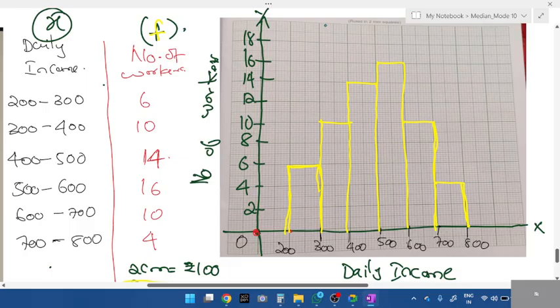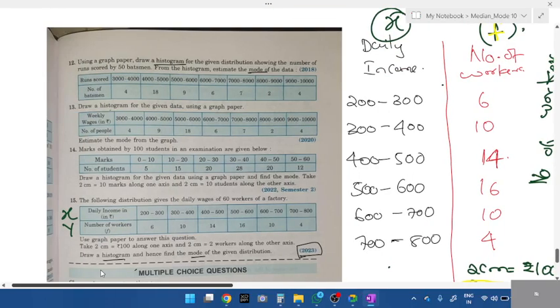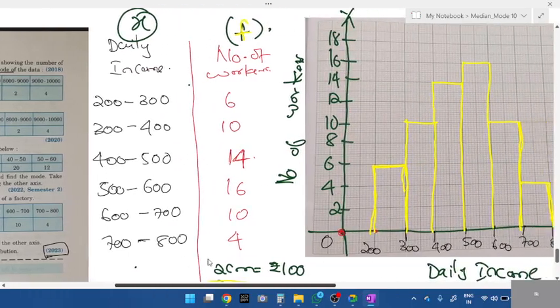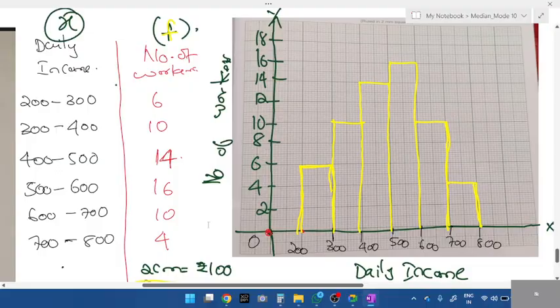Now we need to find the mode value. Histogram and find mode distribution. If you do it till here, 3 marks. And 1 mark is for mode calculation. Total 4 marks question. Okay, so the keywords are histogram and mode.